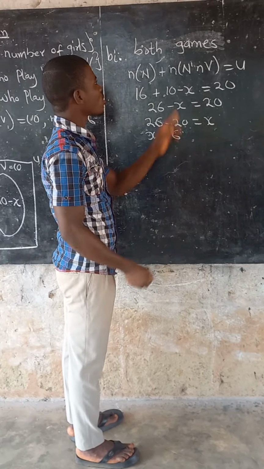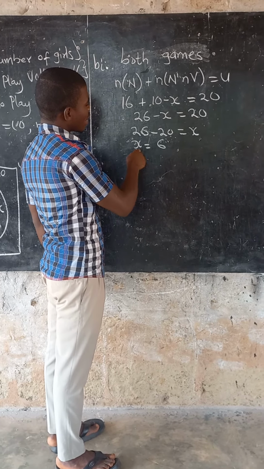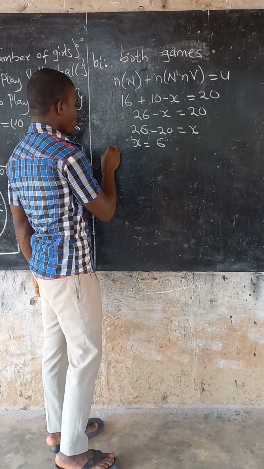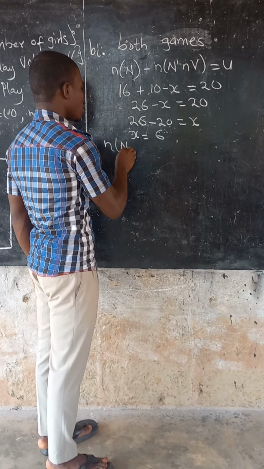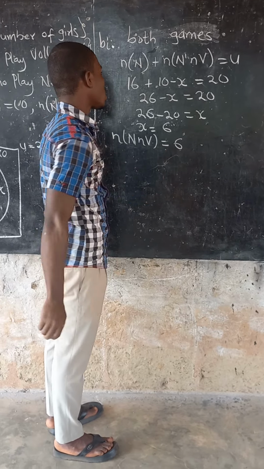So both games is 6. So we have N intersection V is equal to 6.